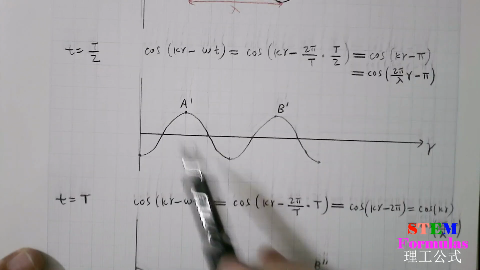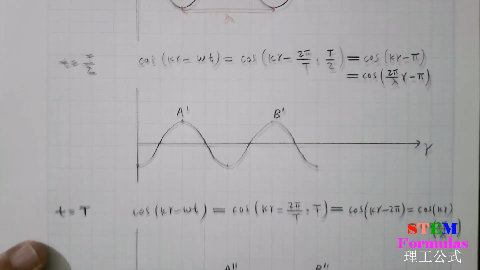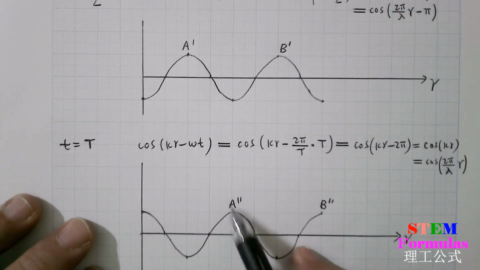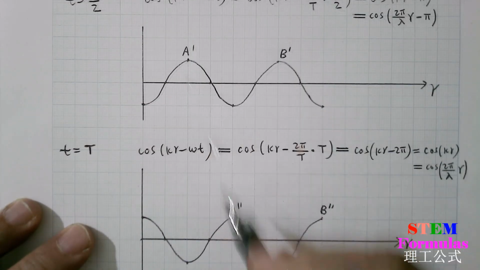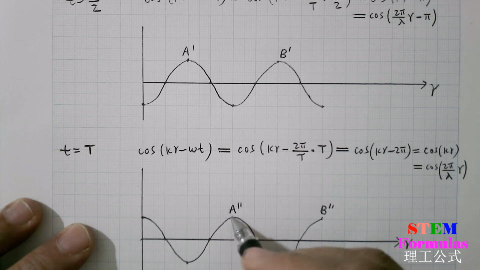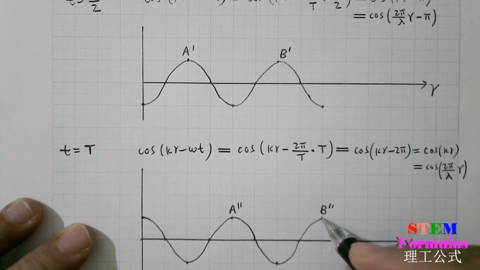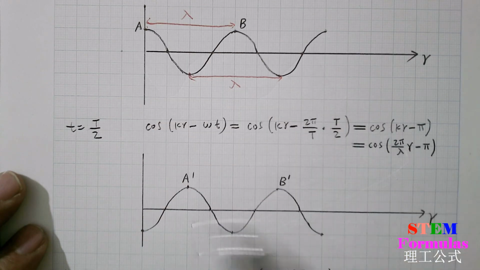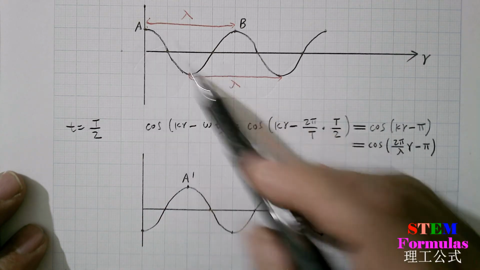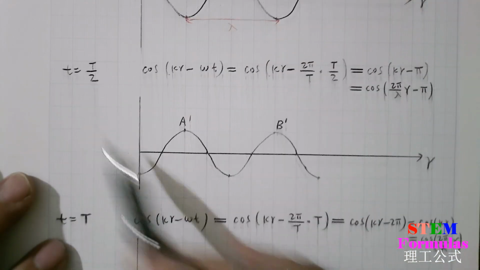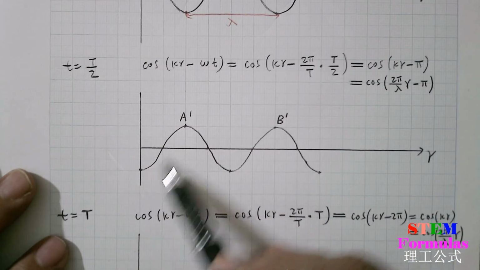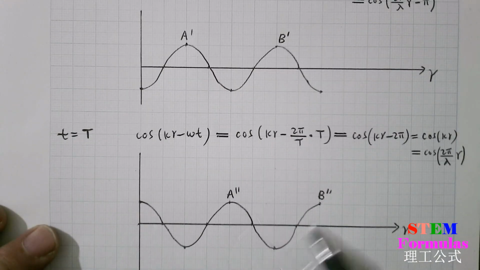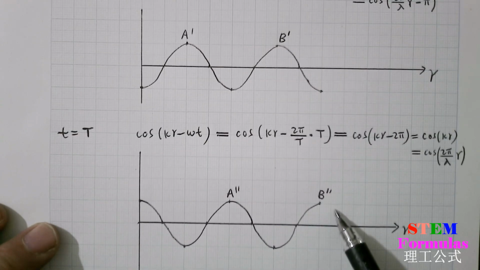So my wave will propagate from here to here. Here, A prime became A2 prime, and B prime became B2 prime. So I can visualize the wave propagating to the right along this r direction. Then at t equal to half T, the wave will propagate even further.